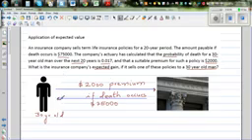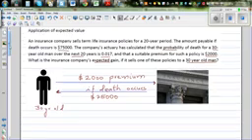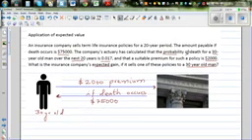So this is a contract between this 30-year-old man and this insurance company. Okay, so let's understand the maths behind it. The insurance company does maths before calculating the premium. The probability of death, let me write probability of death.